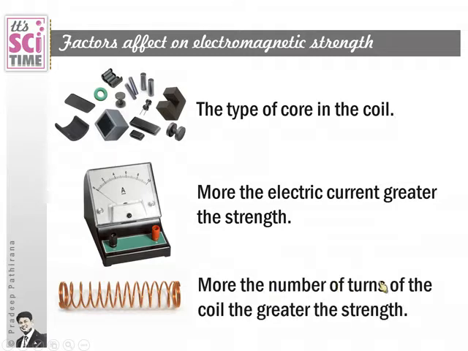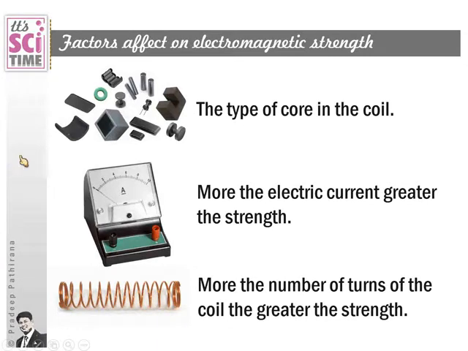More the number of turns of the coil, greater the strength. So these are the three factors affecting electromagnetic strength. To make a stronger magnet, we have to select a soft iron core, then go for more current supply and make more turns in the electromagnet.